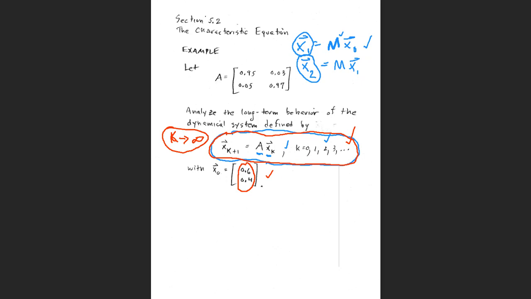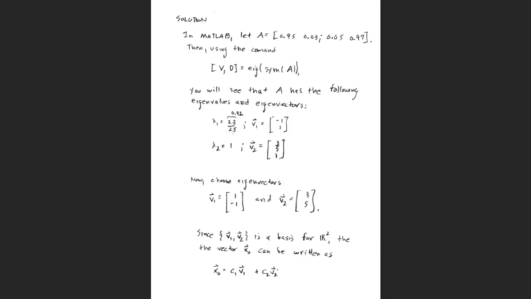This example comes from section 5.2. Chapter 5 deals with eigenvalues and eigenvectors, so of course eigenvalues and eigenvectors are going to get involved here. First of all, we can use MATLAB to help us get eigenvalues and eigenvectors.